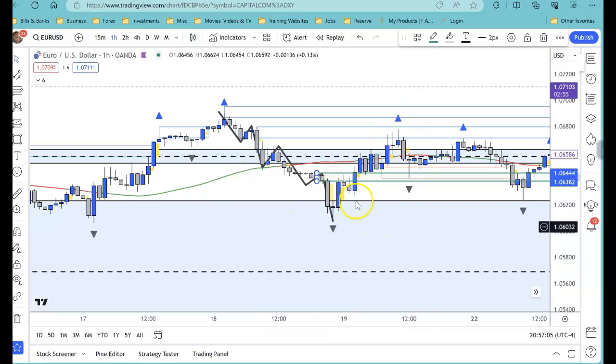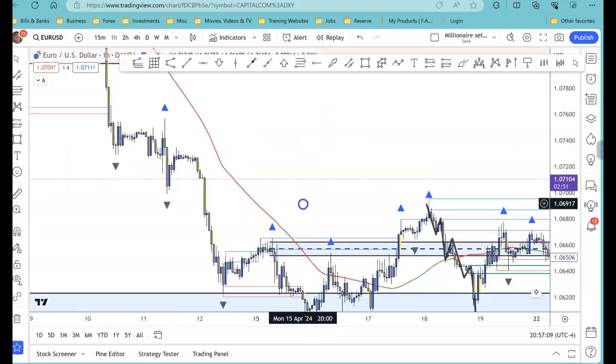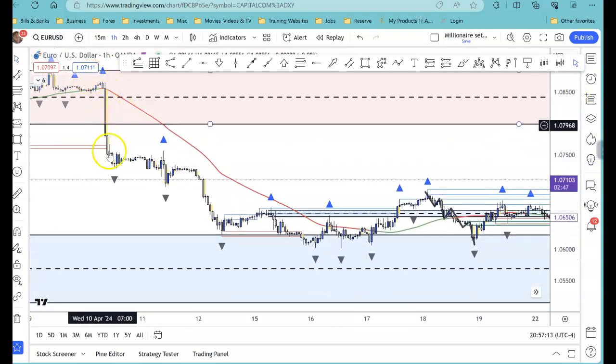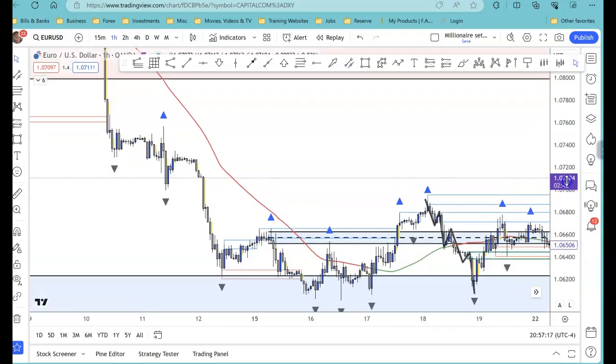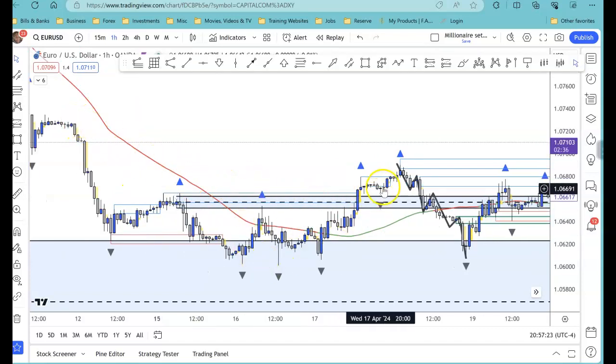But the difference between this one and this initial one is because you had a whole impulse, a whole pullback, a whole move that was completely selling. In this situation, you've already confirmed that the sellers are no longer in the building because there was a close above this swing point.